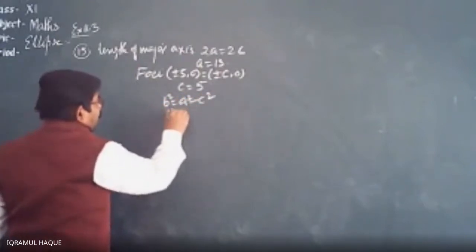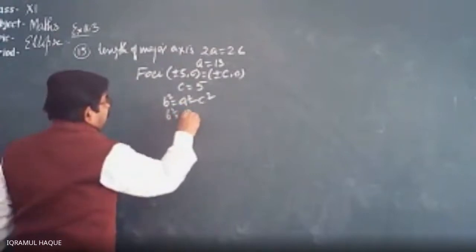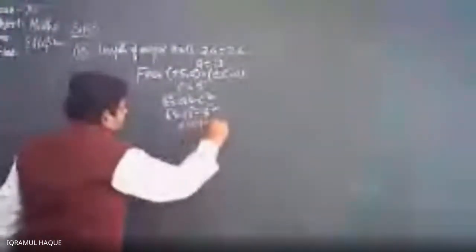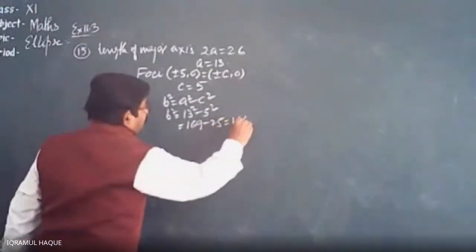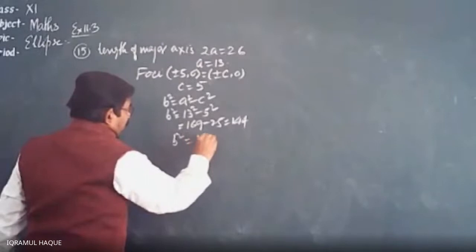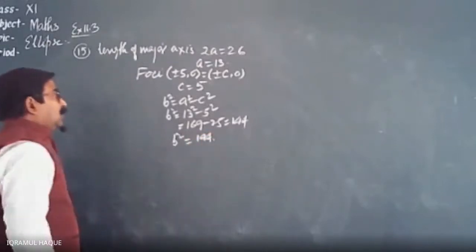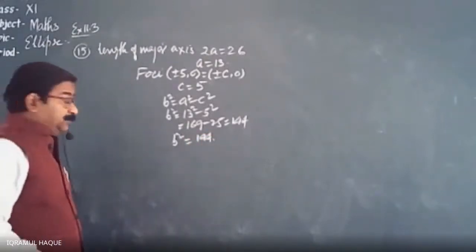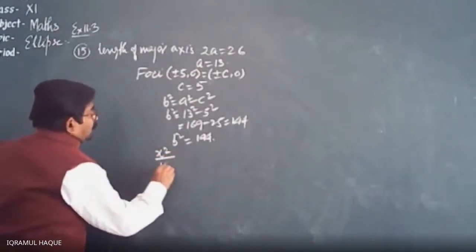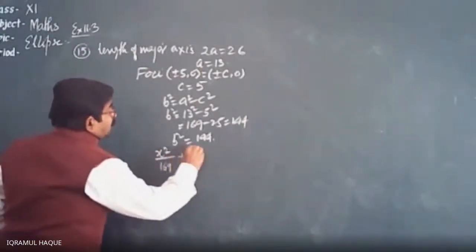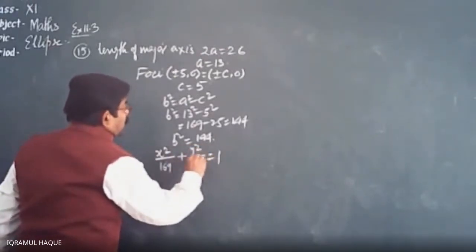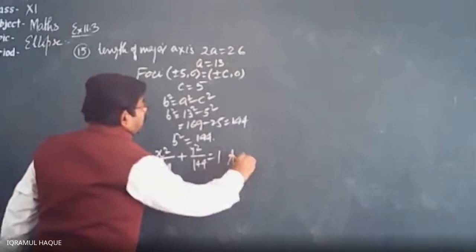So b square is equal to 13 square minus 5 square. This is 169 minus 25 is equal to 144. So b square is equal to 144. Now get the equation. x square upon 169 plus y square upon 144 is equal to 1 is the answer.